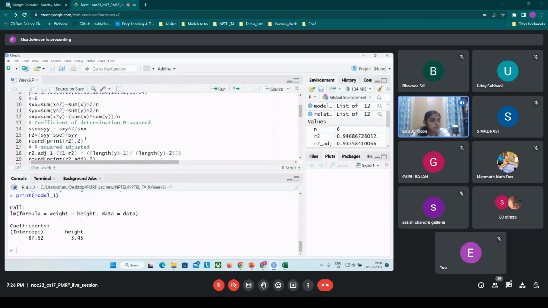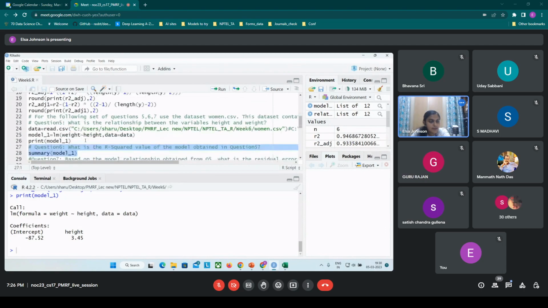This is okay when the number of rows and columns is small, but for data with a lot more rows and columns, it's difficult to calculate manually. So we just have to run the summary of that model.